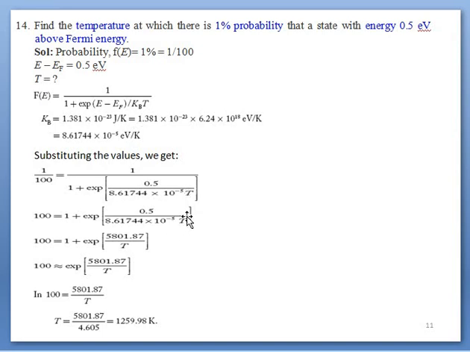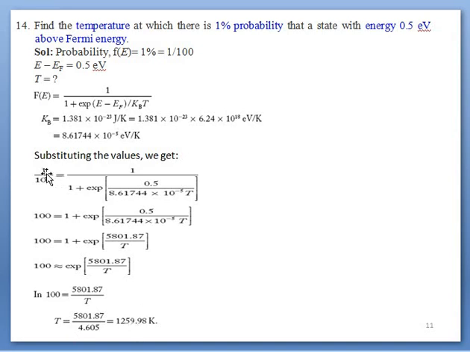Since this term is very large, 10 power minus 5, when it is transformed into the numerator it becomes a larger value. So 1 plus is neglected, and it is equal to the exponential of this term. After taking log to the base e, we have this one, and T is equal to this one.